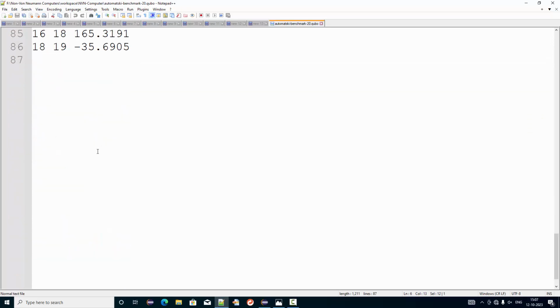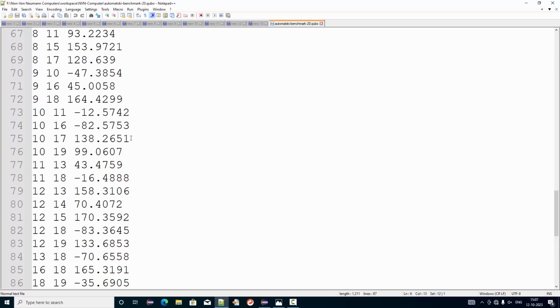And this is the entire list of all the expressions that put together need to be minimized. So here the variable number 10 is multiplied by the value of variable number 17 multiplied by 138.2651 to get a value, and all these values put together, the sum total needs to be minimized. This is a quadratic formulation.